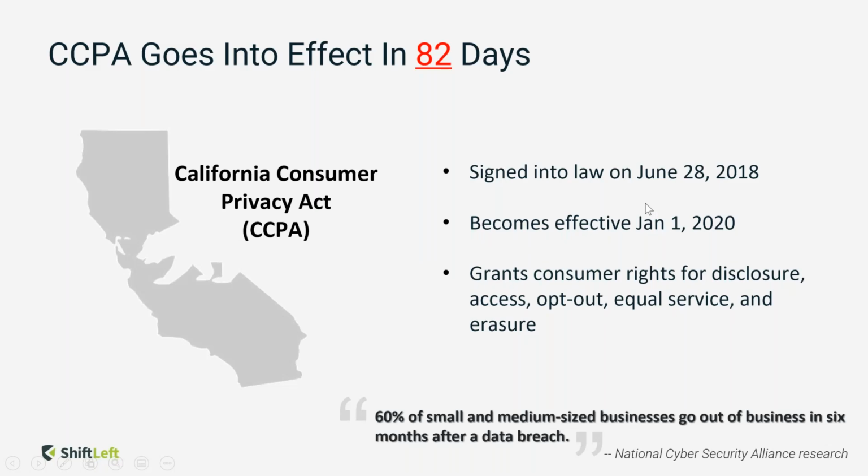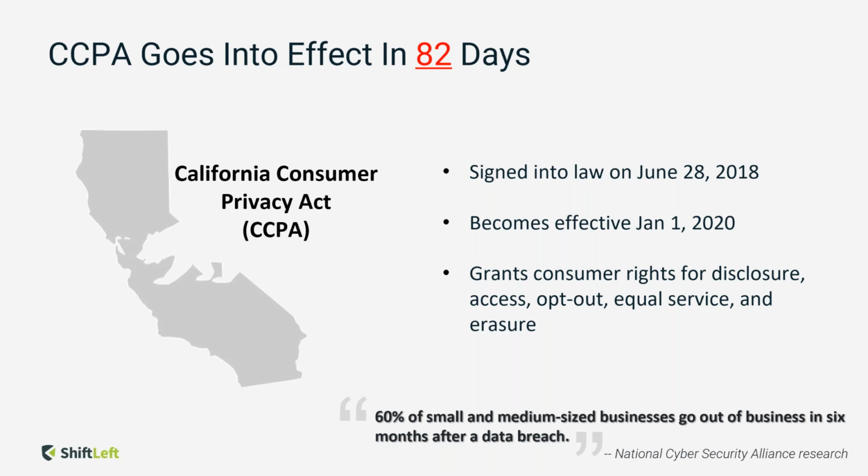The CCPA goes into effect in 82 days. Right? 82 days from today is when the act goes into effect. It was signed into law on June 28th last year, and as I mentioned, it's Jan 1st of 2020 when it goes into effect. The law grants consumers multiple rights. I've listed some of them on the screen.